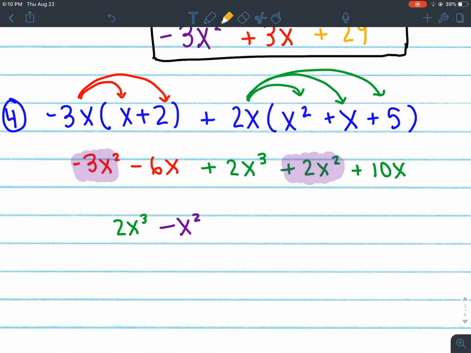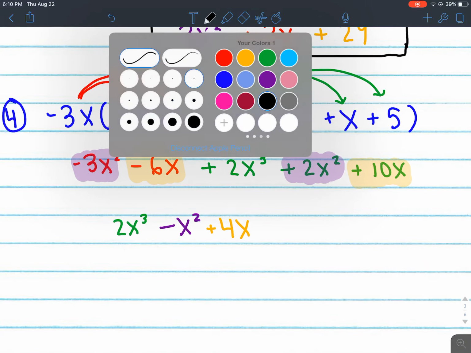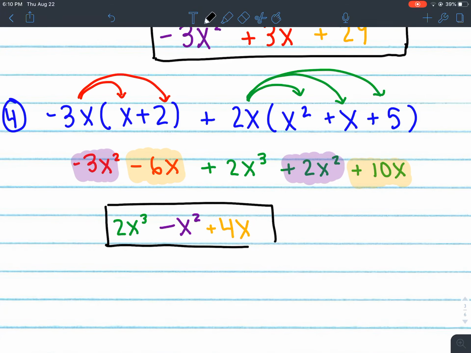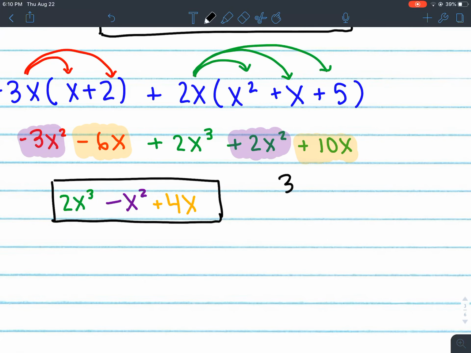And then the next highest exponent I see is just an exponent of 1, so that's going to be negative 6x plus 10x. So those are like terms, and that's going to give me positive 4x. And that would be my simplified expression. And this would be a third degree trinomial.